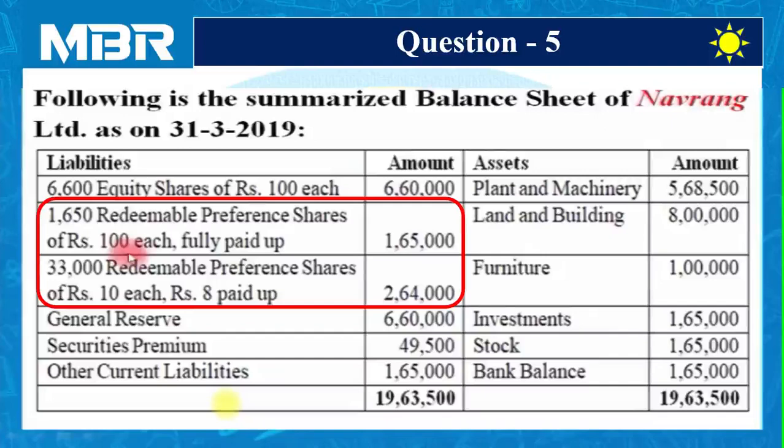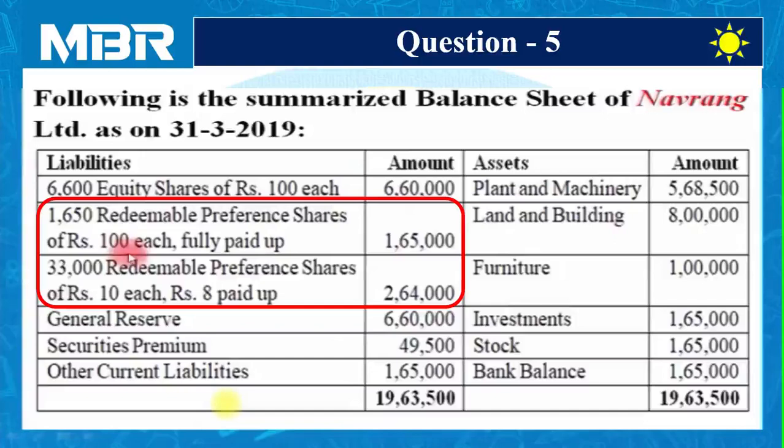We have two types of preference shares. 1,650 face value of the share is rupees 100 and these shares are fully paid up. Total amount is 1,65,000. Another preference shares are also available to us. 33,000 redeemable preference shares of rupees 10 each, rupees 8 paid up. So second type of preference shares, that is 33,000.